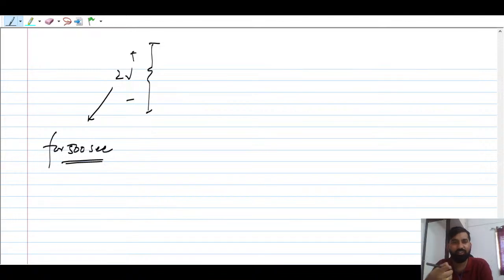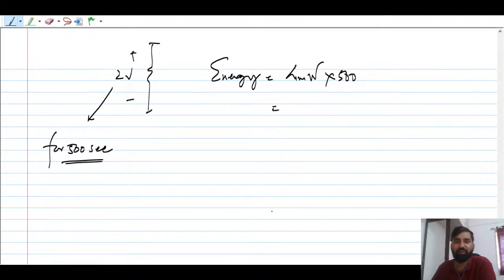Since you know the power, the energy is going to be dissipated across the resistor. For 500 seconds you apply 2 volt across the resistor, so it is 4 milliwatt into 500. The energy is going to be 2000 millijoule, which is nothing but 2 joule.